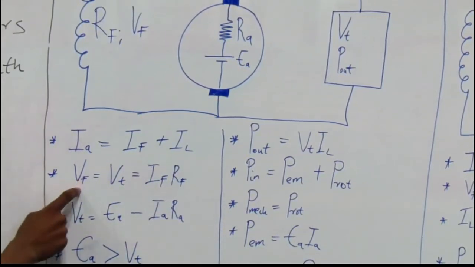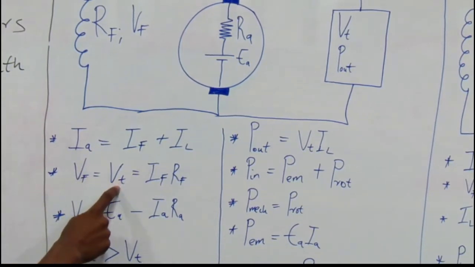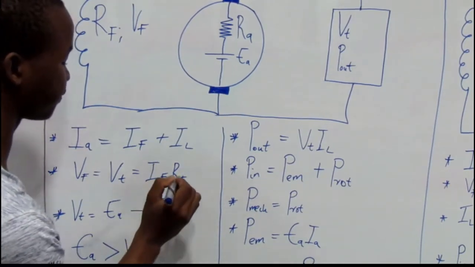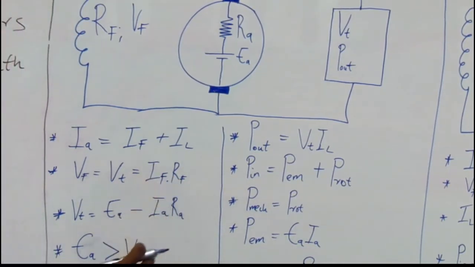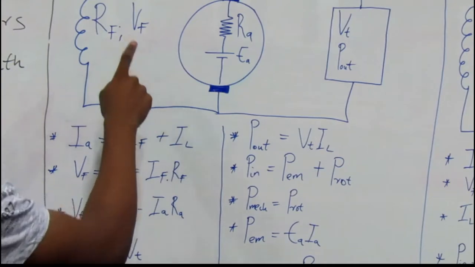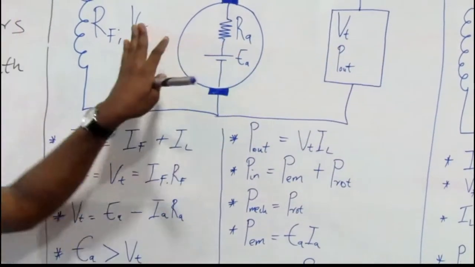And again, our field voltage, I said, is equal to terminal voltage, and is equal to field current times field resistance. If you are not given VF, which is field voltage, we consider it equal to this.